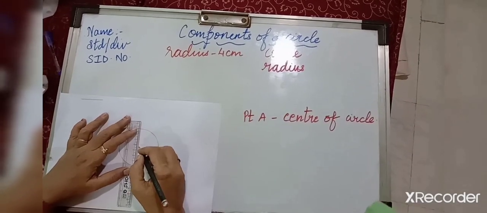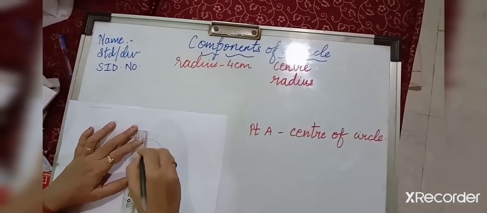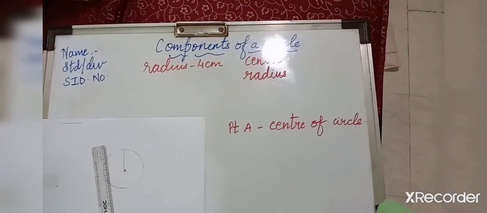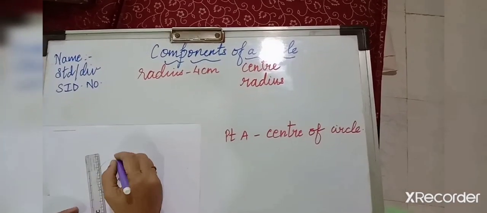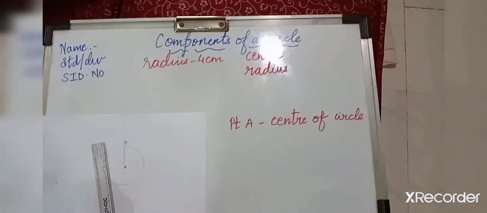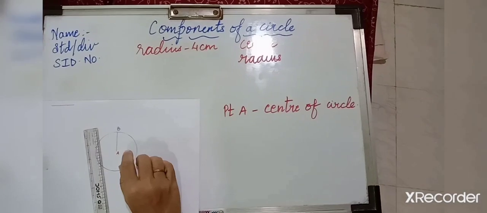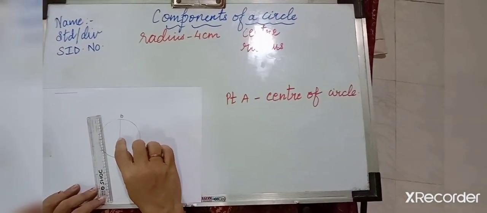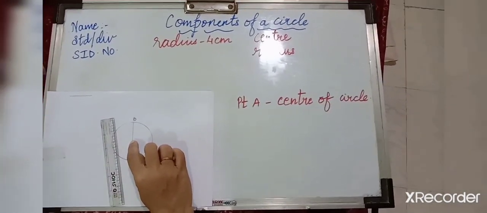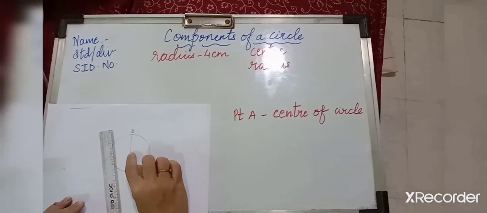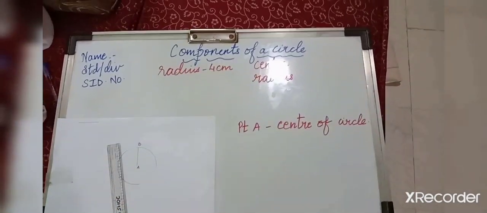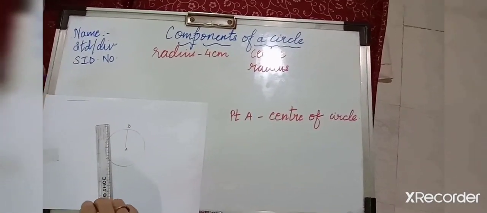Suppose I take any point on the circle, and I'll name it B.